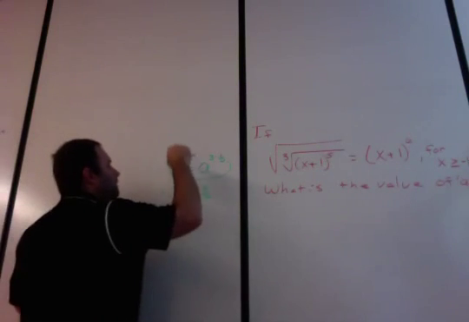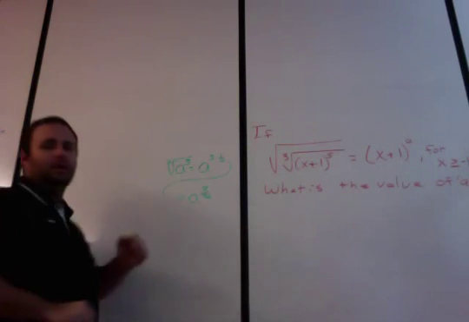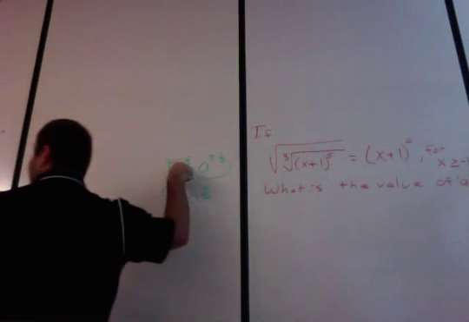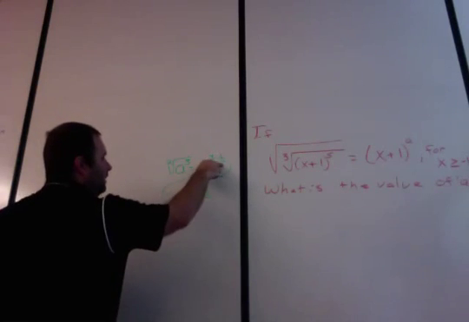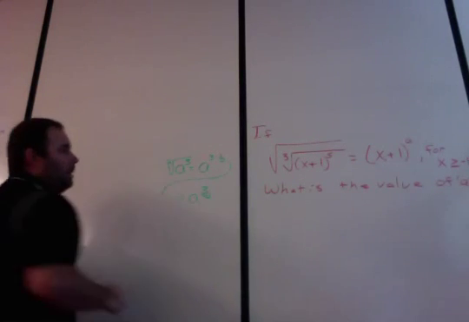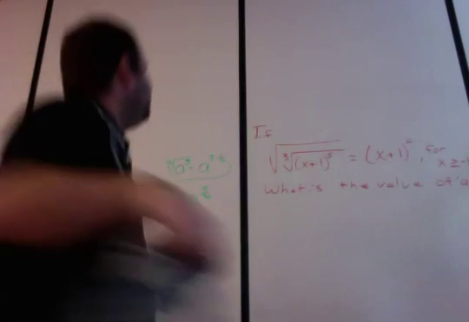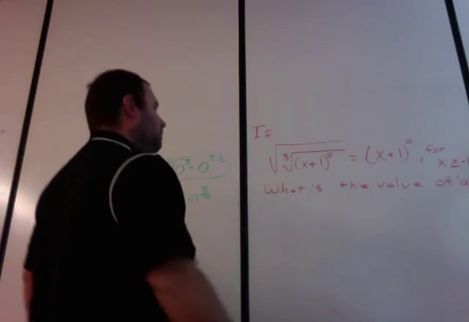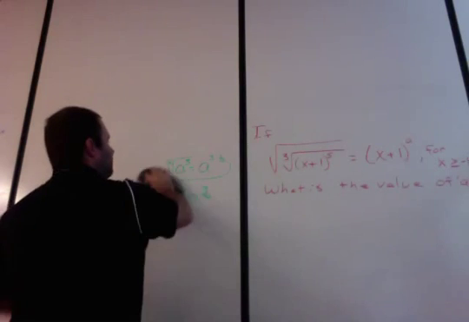So whatever your number is being raised to, that's going to become your numerator. The number outside the radical, the square root, goes together as your denominator. Now in this particular problem, we need to go inside out. Work from the inside and expand out.